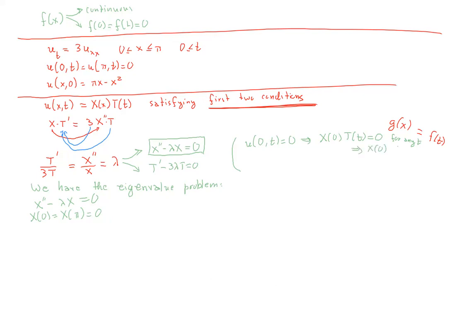Similarly, the condition u of pi comma t equal to 0 implies X of pi times T of t is equal to 0, which means that X of pi is equal to 0. Hence, we come up with this eigenvalue problem.